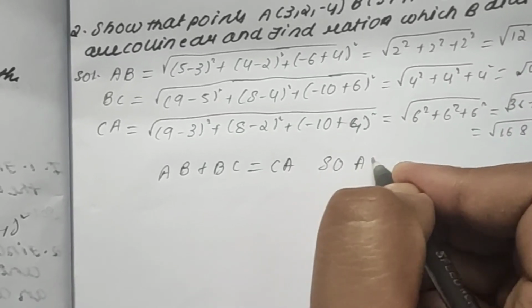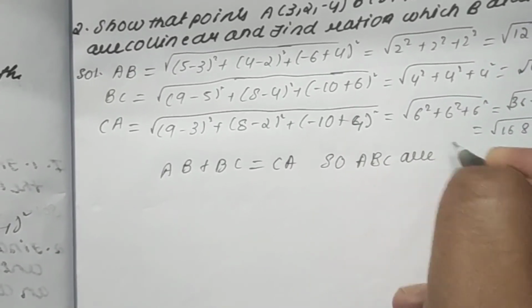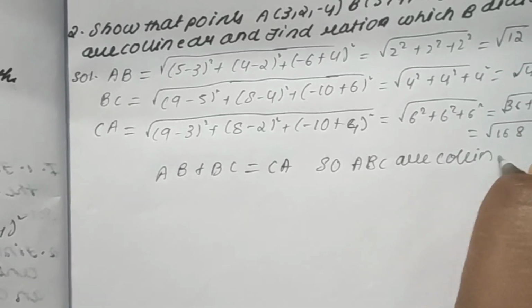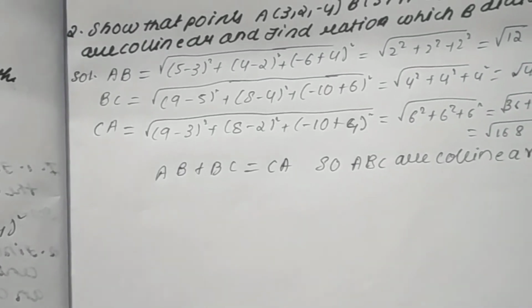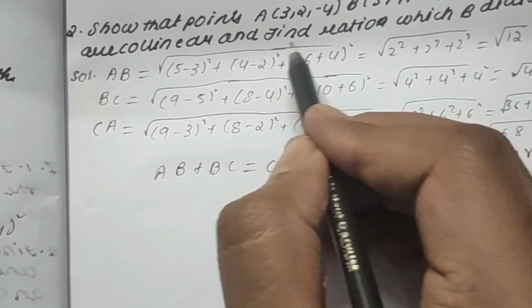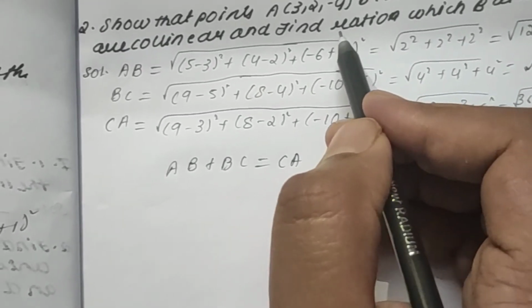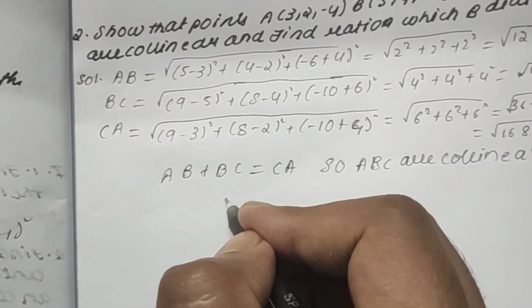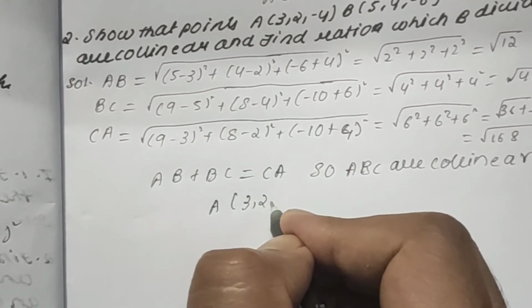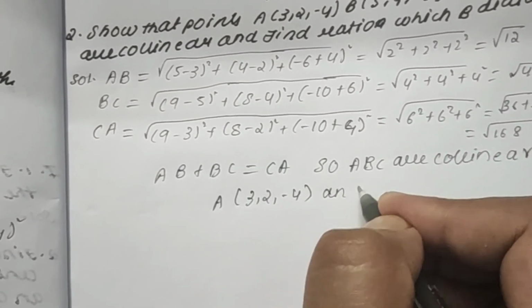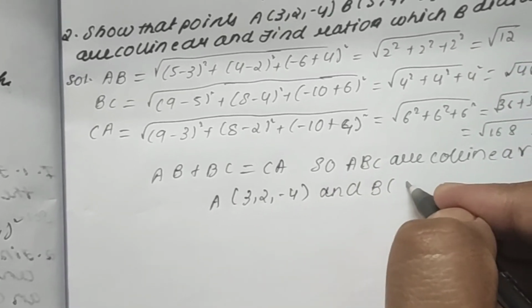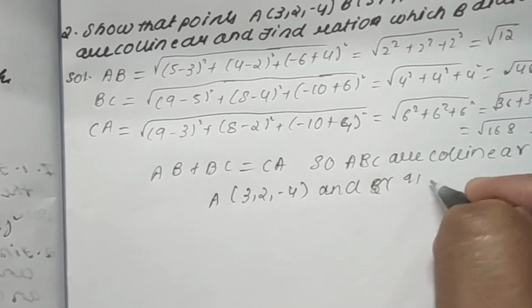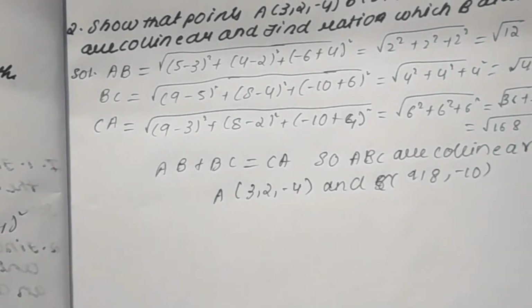So ABC are collinear. So we have solved one part of the question and he asked to find the ratio in which B divides the line segment AC. A is 3, 2, minus 4 and C is 9, 8, minus 10.